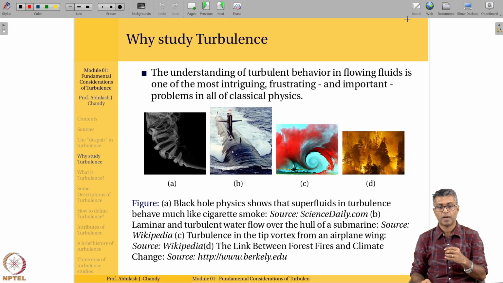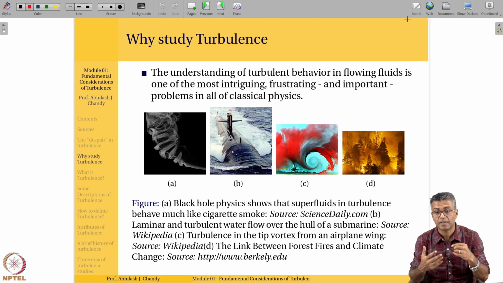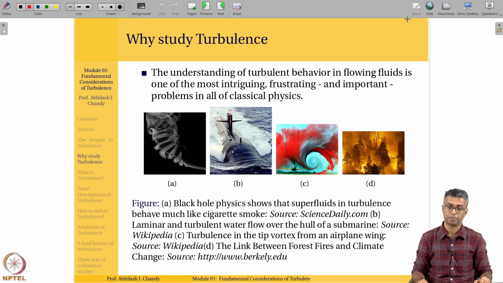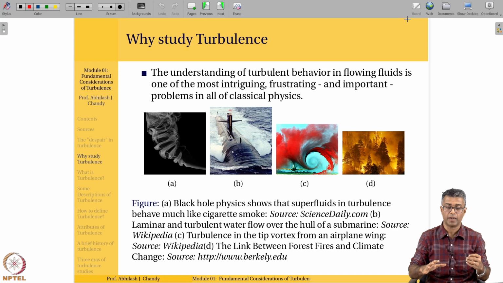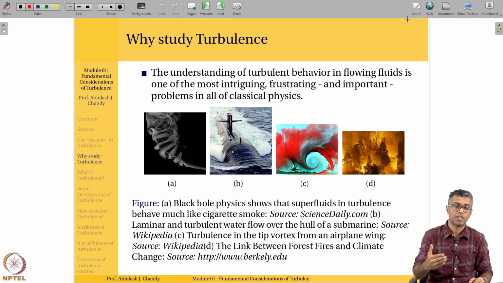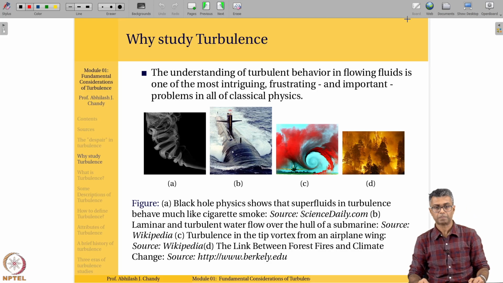Of course, the tip vortex on an airplane wing could in fact determine how you design the wing. Forest fires, again, trying to understand how they are generated and propagated can help us understand climate dynamics and weather patterns, in order to see how they can be stopped, for example, and what implications they have to changing weather conditions.